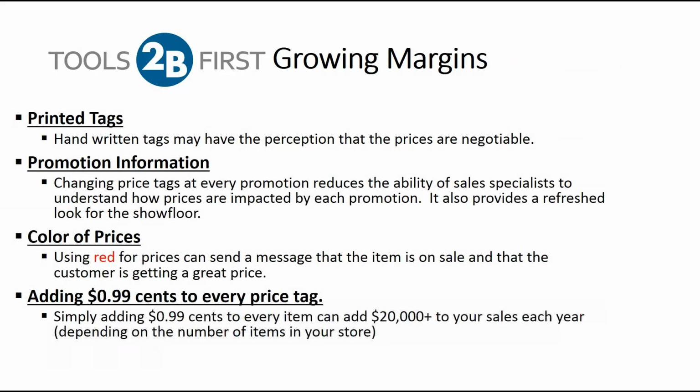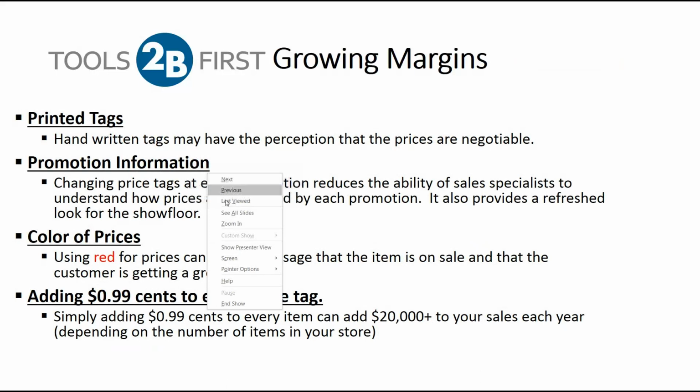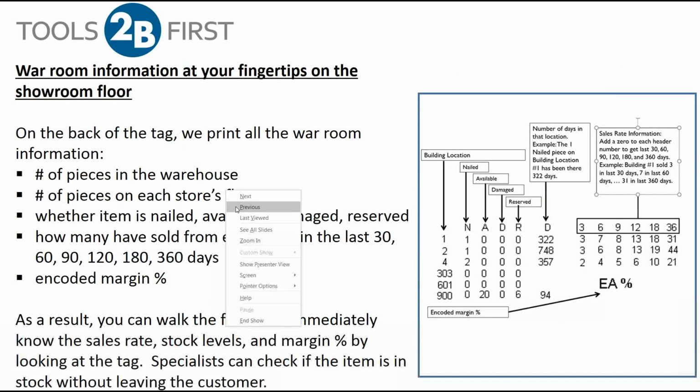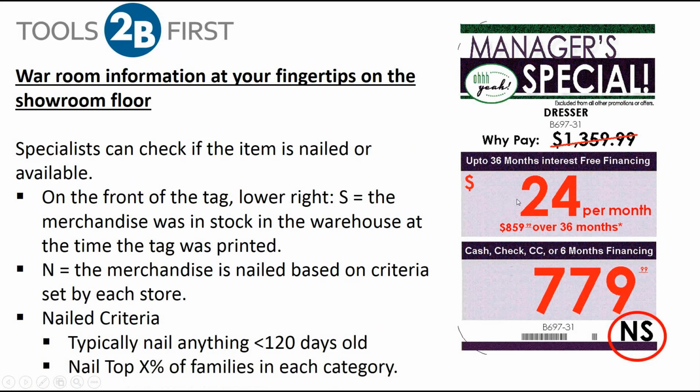Financing promotions. This is a different way to do a specific promotion around financing. So this is a financing example where you're actually stating what the price per month is. In this case, up to 36 months interest-free financing at $24 per month. What we find is the folks that are coming in that are on a budget are very interested in understanding what that price per month is.